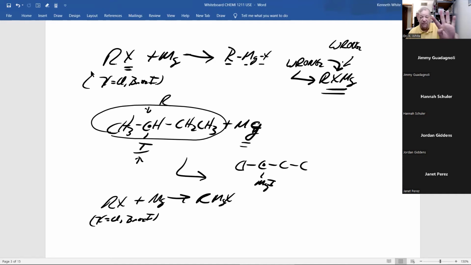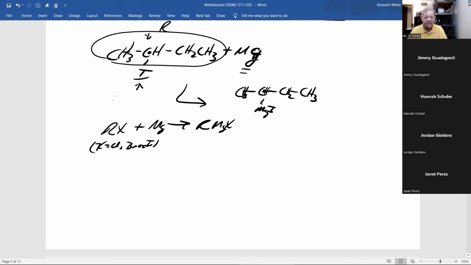So I know there are 4 bonds to carbon. And I'm done. And that's fun. It's easy. And this reagent allows you to do some amazing things. So the carbon with the halogen will now be bonded to the magnesium. Magnesium is bonded to the halogen.